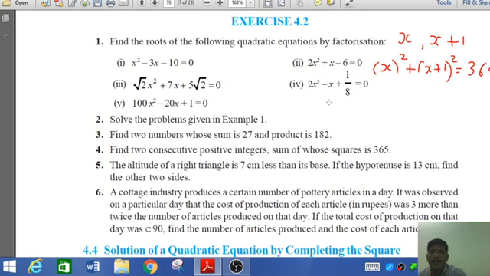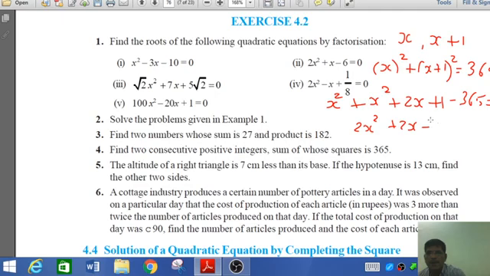Now if I open it, I get x square plus x square plus 2x plus 1 minus 365 is equal to 0. So 2x square plus 2x minus 364 is equal to 0.